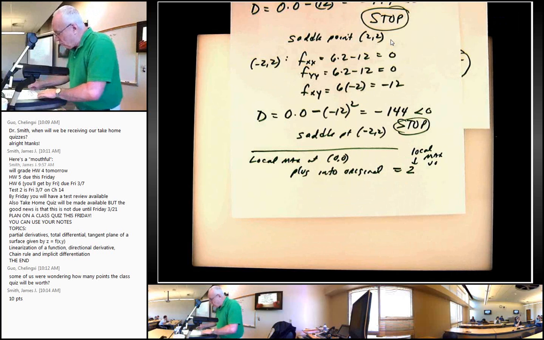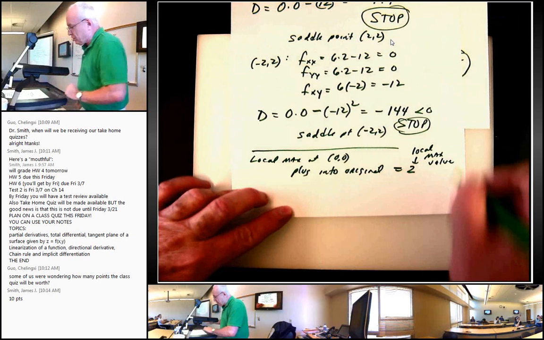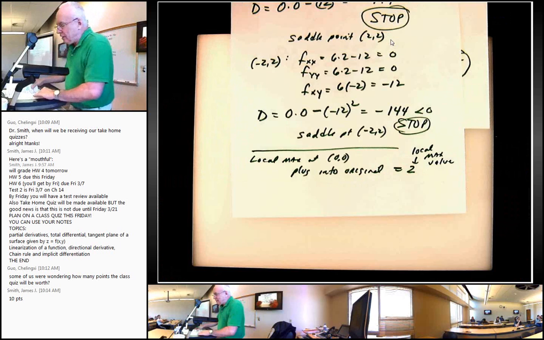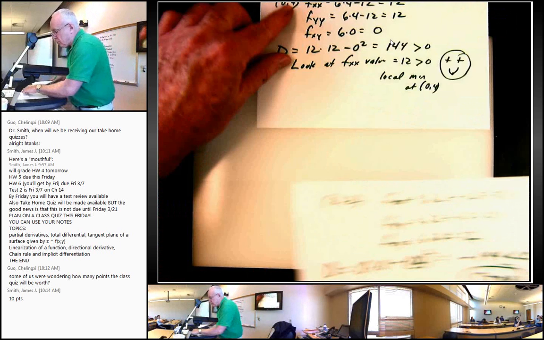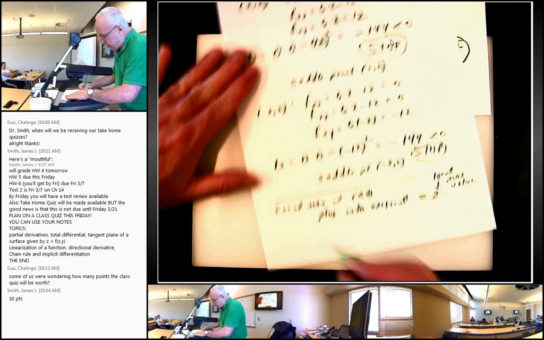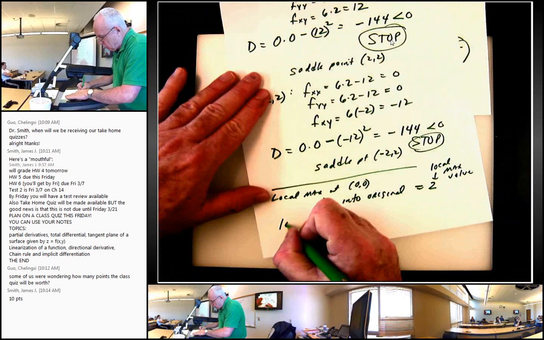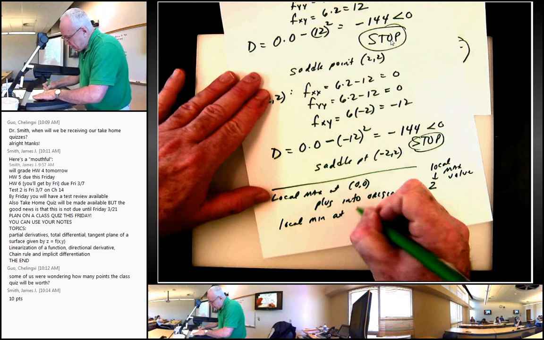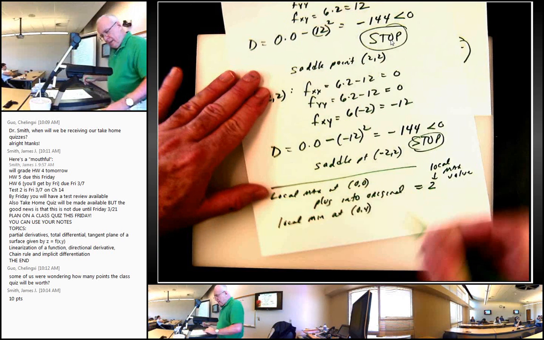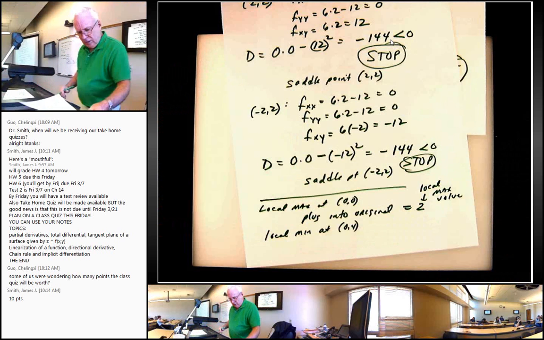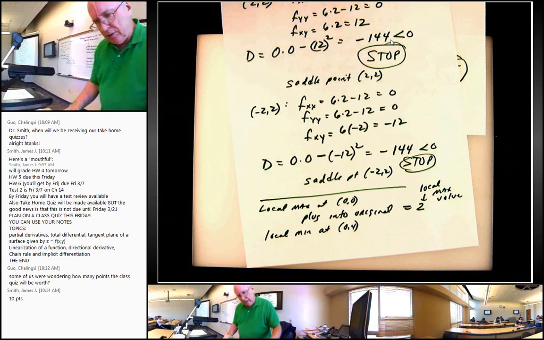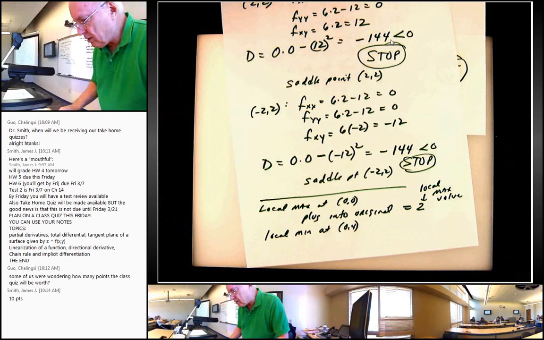Okay, so our local maximum value at that critical point is 2, and then the other one was 0, 4, where we had a local min. Again, when we plug this into the original, I wonder, did I actually do this on my paper?